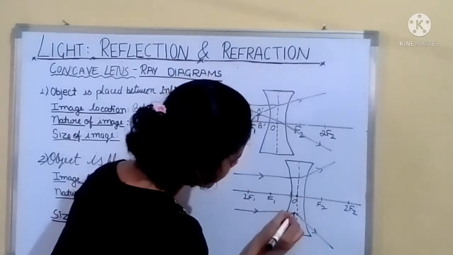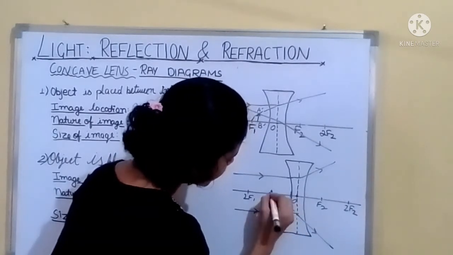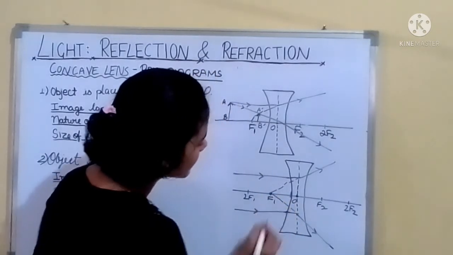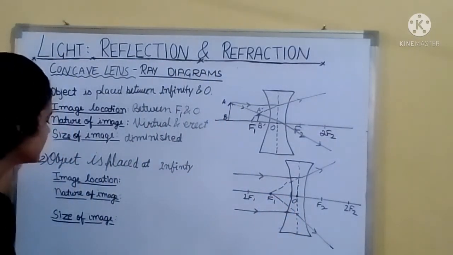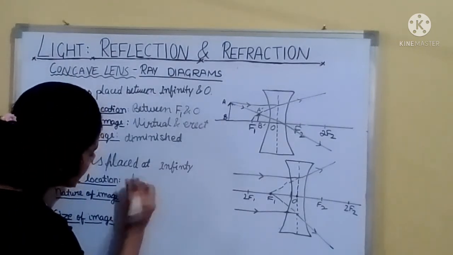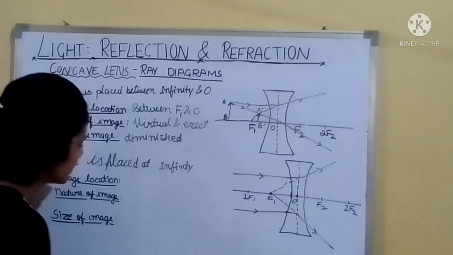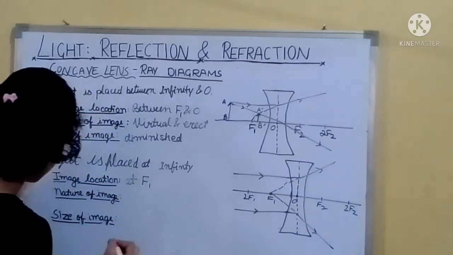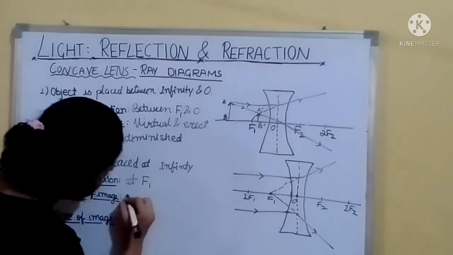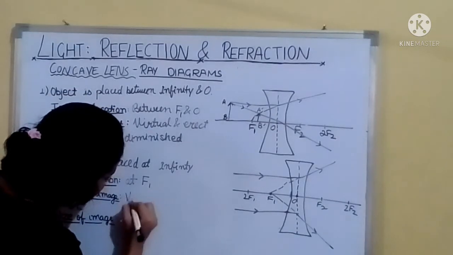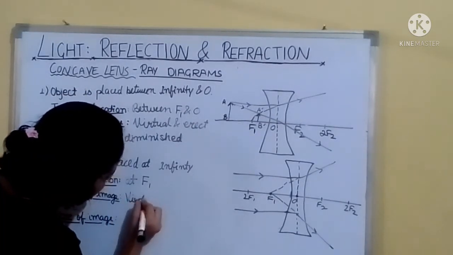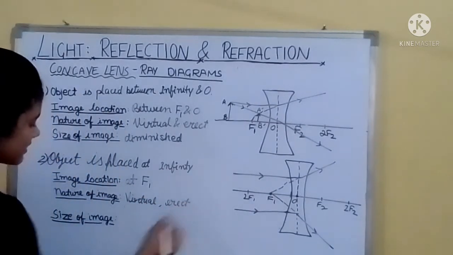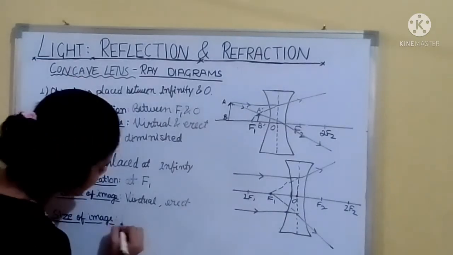Now if we draw a dotted line at the back, we will find that the image is formed at f1. So image location is at f1. Then nature of image is virtual erect. Size of image is point sized.